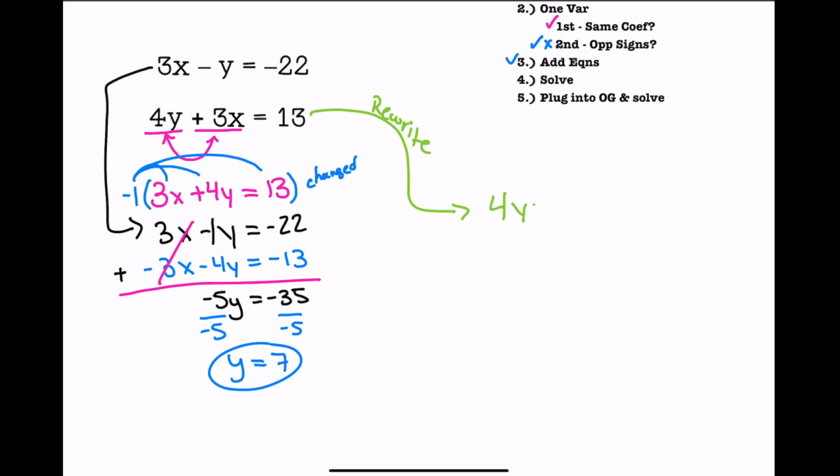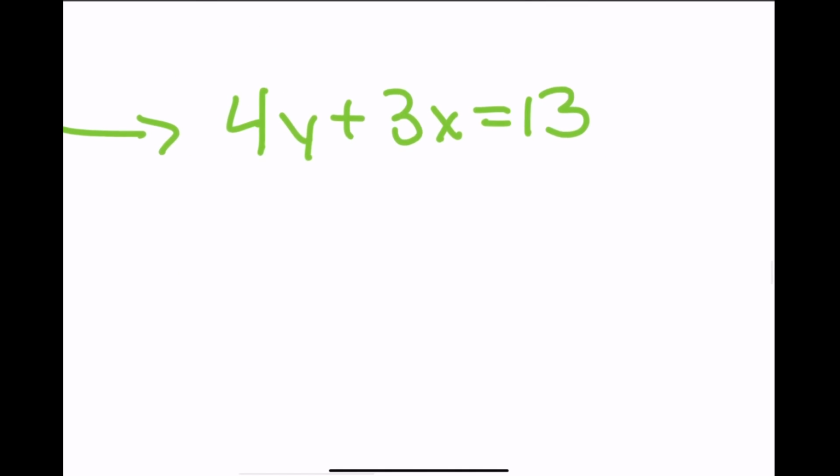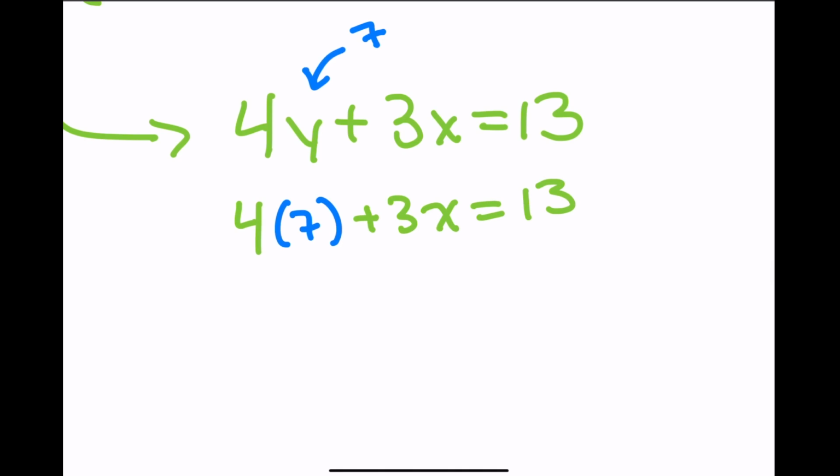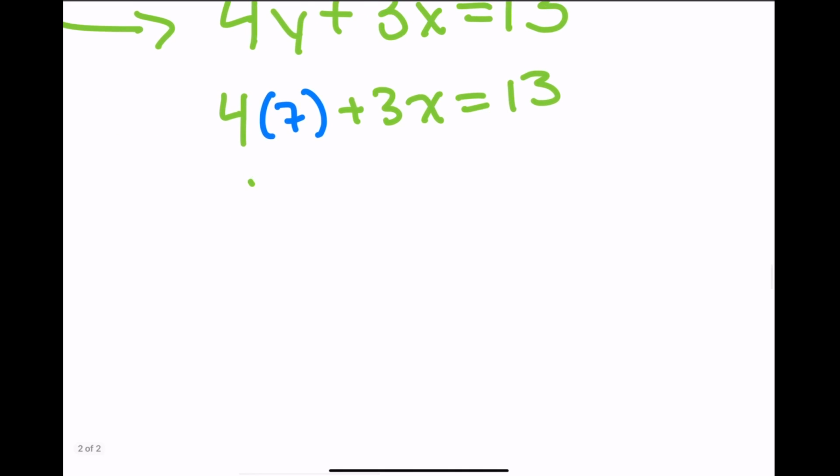So we got 4y plus 3x equals 13. We know that y is 7. So we got 4 times 7 plus 3x. Miss Rawolf, I was about to write a y. Did you guys see that? Equals 13. 4 times 7 is 28.